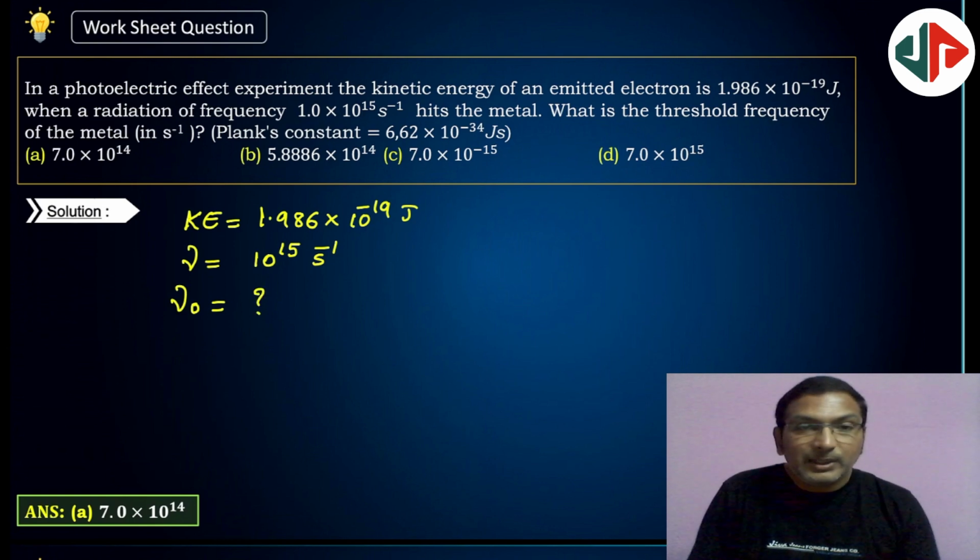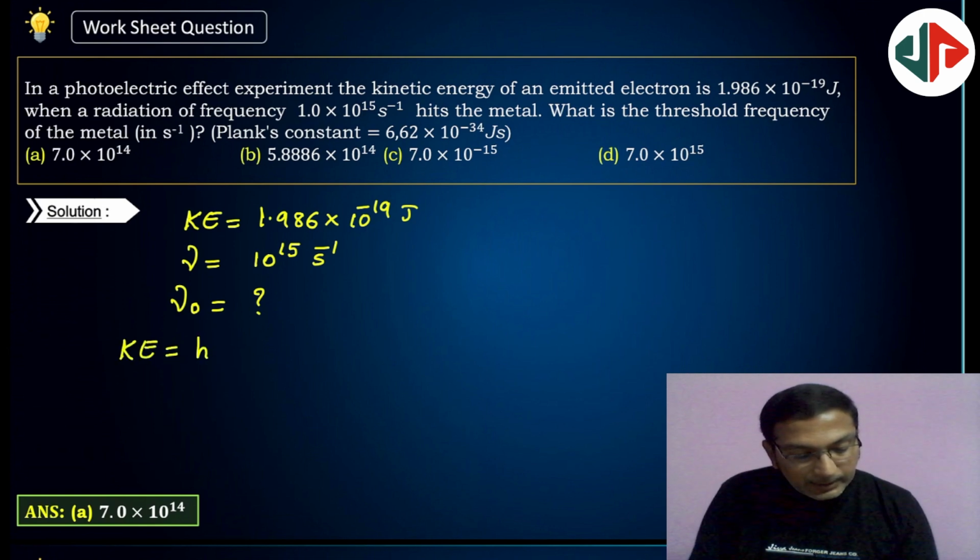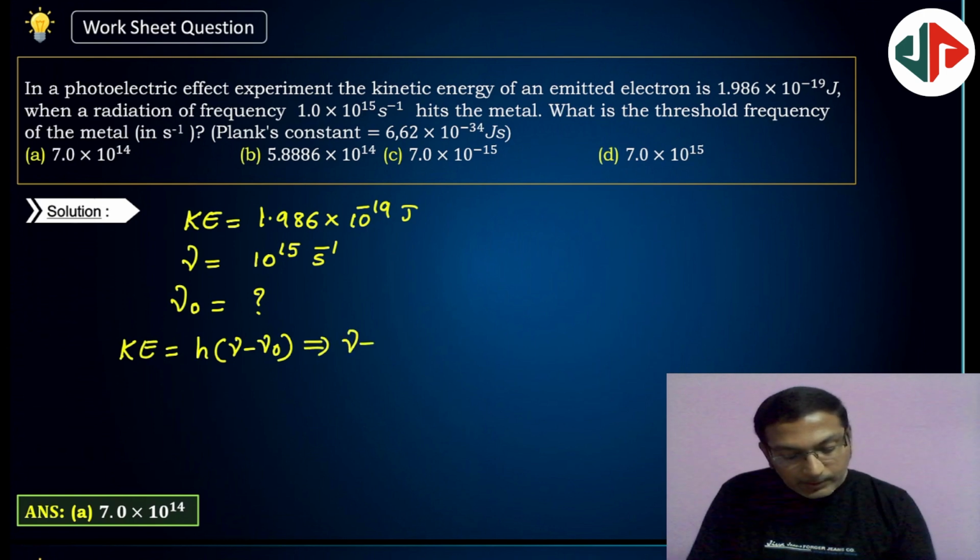Next, from photoelectric equation we can write KE equal to h into nu minus nu naught. So from this, nu minus nu naught equal to KE by h.